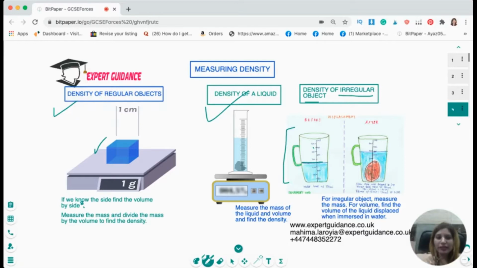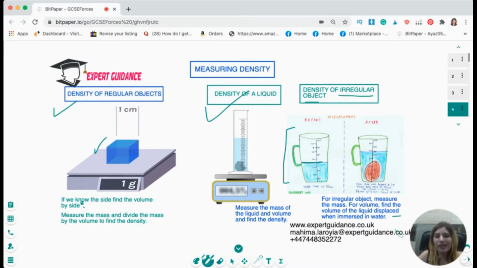Then we put an object in the beaker and see how much the liquid has gone up. That is how much liquid that particular irregular object has displaced, and we take that as equivalent to the volume of the object. So for an irregular object, we measure the mass, and for the volume, we find the volume of the liquid displaced when immersed in water, and then we do mass over volume.